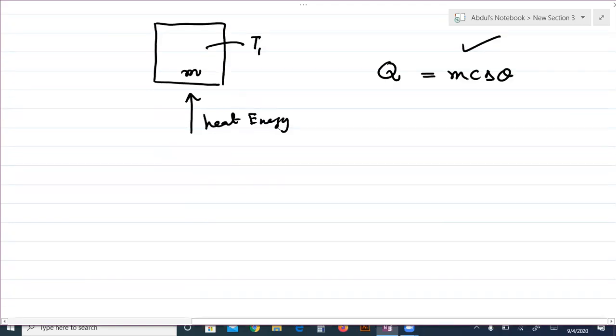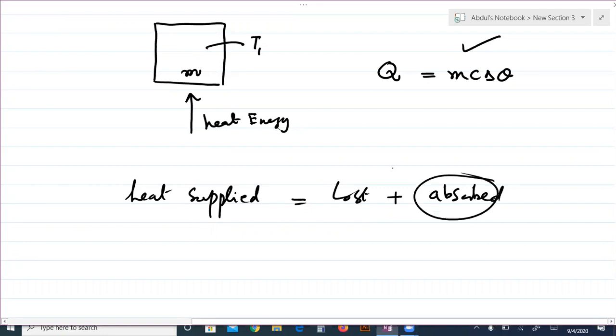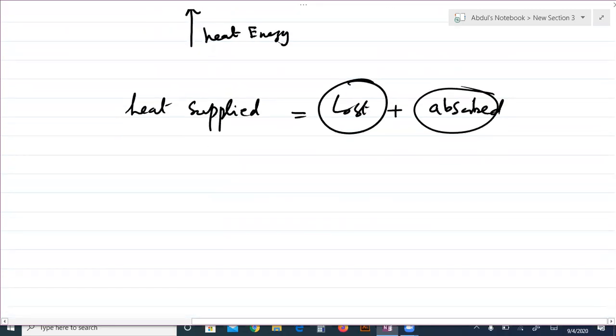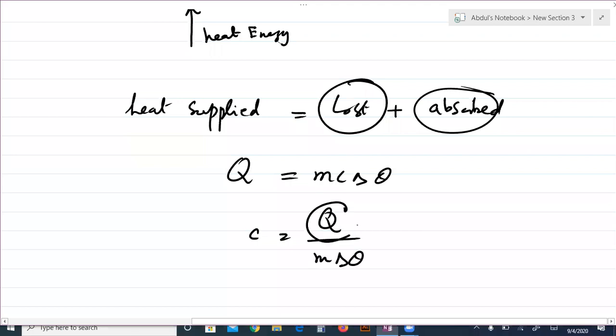But practically, when heat is supplied, some of the heat energy is lost and the remaining is absorbed by the material. So while calculating with the formula Q is equal to m c delta theta, meaning small c, specific heat capacity, is Q divided by m delta theta, practically the material is absorbing less energy.